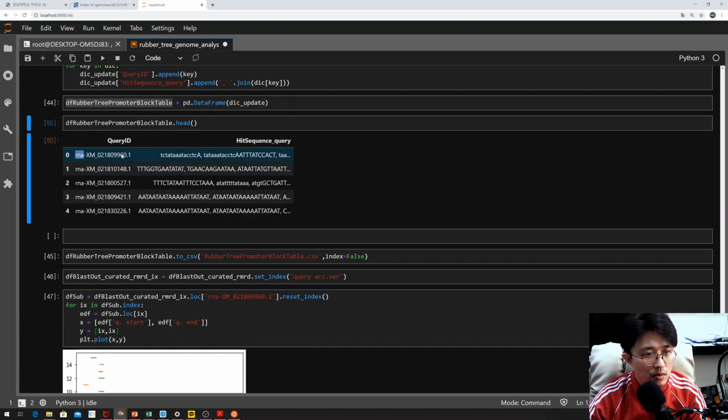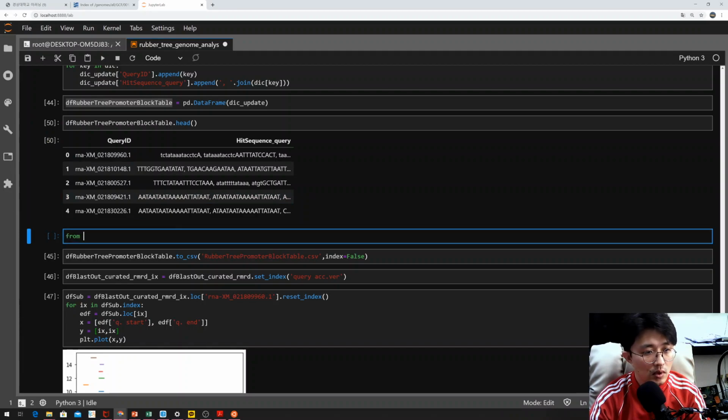So we have to compare in a pairwise manner. So for example, I have to compare this one and this one, and this one and that one, right? This one and that one.